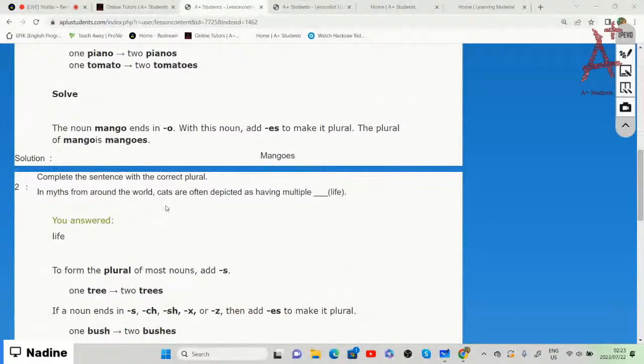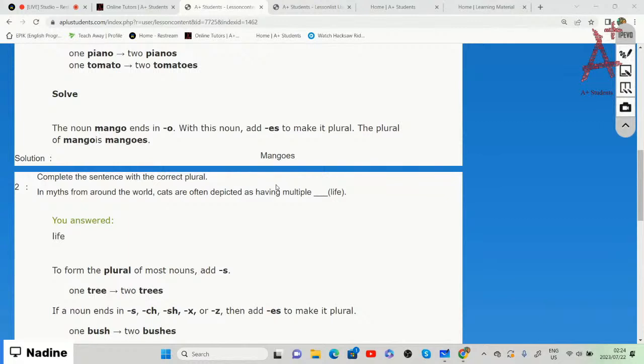Complete the sentence with the correct plural. In myths from around the world, cats are often depicted as having multiple life. We need to change the word life to lives, right? So if we have a word like life that ends in fe, we drop the fe and add the ves.